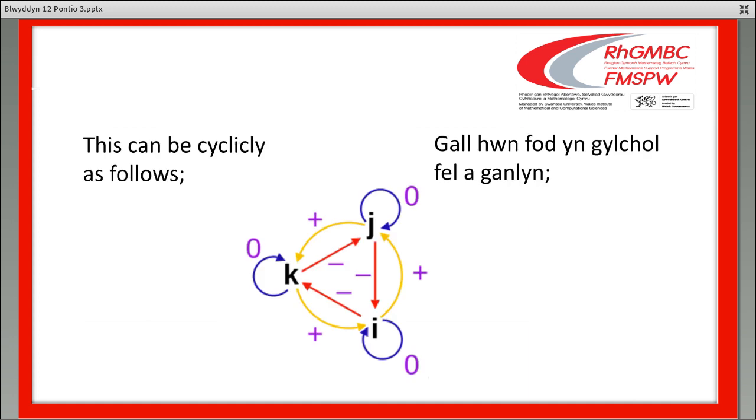If you start with I and you move round to J, you end up with K. J times K, you keep going round the circle, ends up with I. K times I, you end up with J. If I go in the opposite direction, you can see that I cross K gives minus J. And K cross J gives minus I.